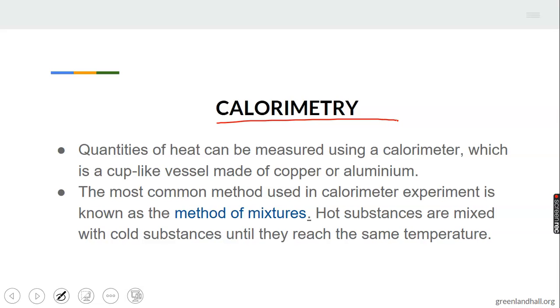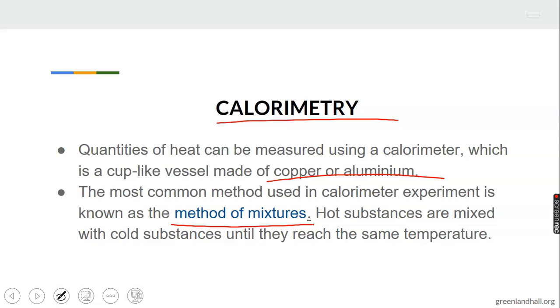We are going to see the calorimeter, this cup-like vessel. Some are made of copper, some are made of aluminum. The most common method used in calorimeter experiment is known as method of mixtures, which we are going to look at as we continue.